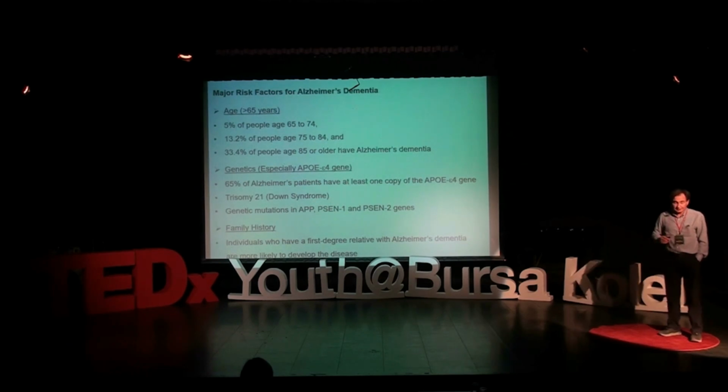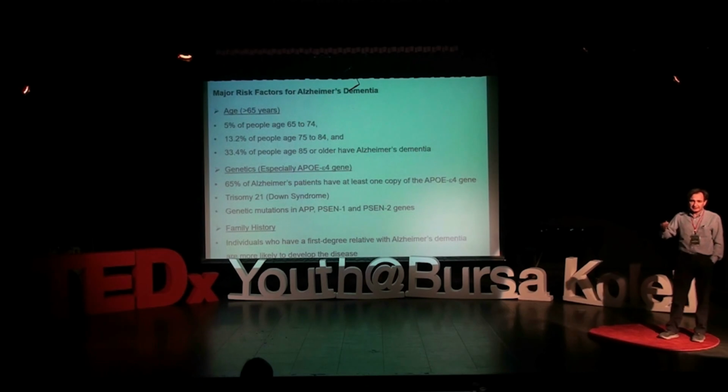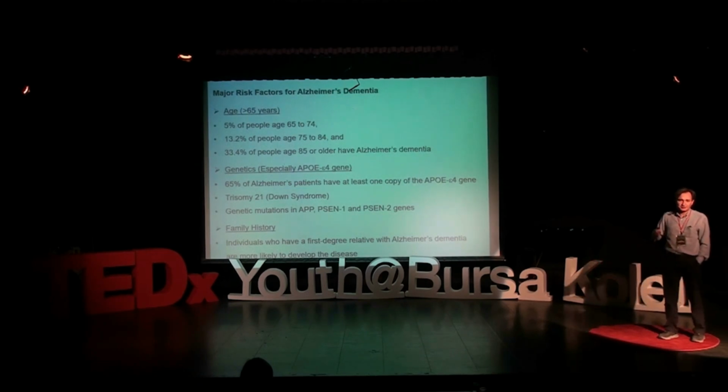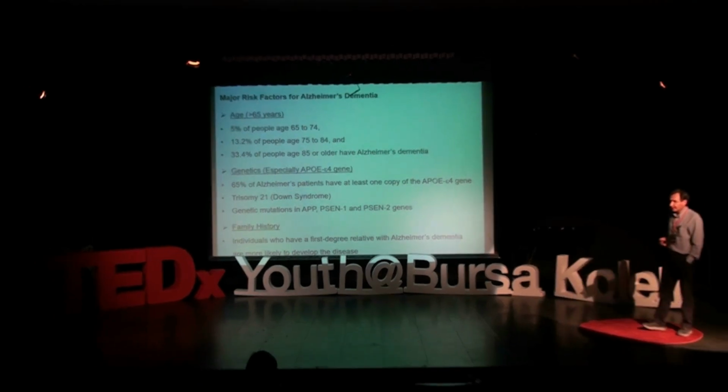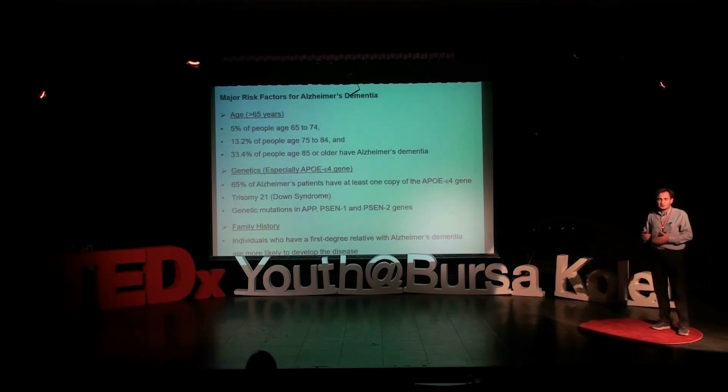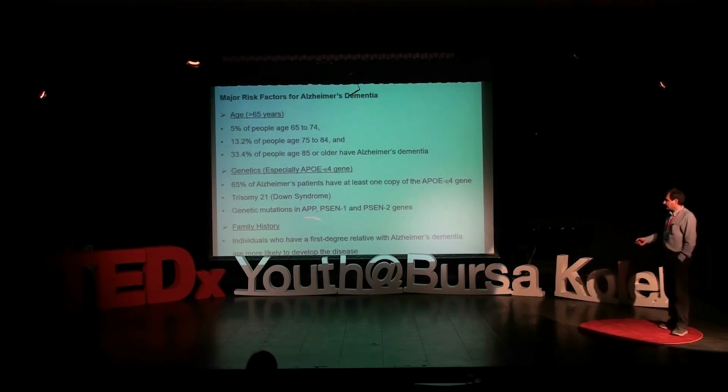People with Down syndrome develop Alzheimer's disease at late ages, like in their 30s or 40s. Most of them develop Alzheimer's disease because chromosome 21 also encodes the gene for APP protein, amyloid precursor protein.